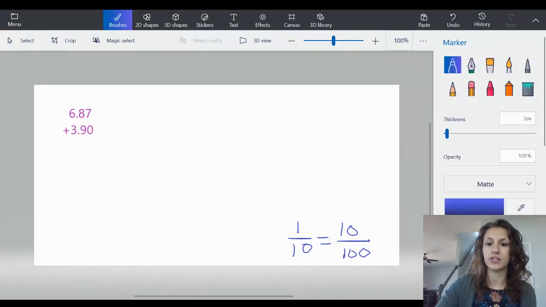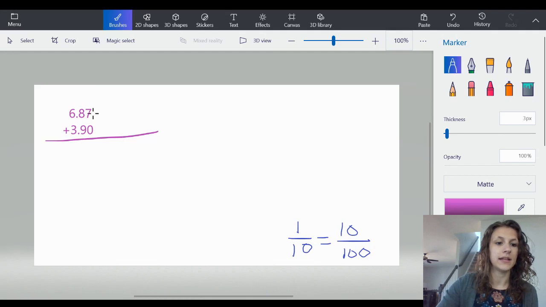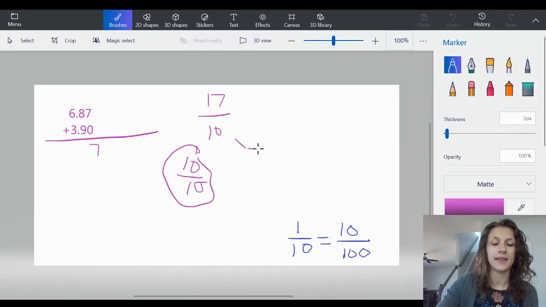From there, we just go ahead and add like we are used to. 7 plus 0 is 7. 8/10 plus 9/10 would give me 17/10. I know that 17 tenths is the same as 1 and 7 tenths, because I can pull out that 10 tenths and that 7 tenths. 10 tenths plus 7 tenths does give me that 17 tenths, 1 and 7 tenths, again, just in a different form.